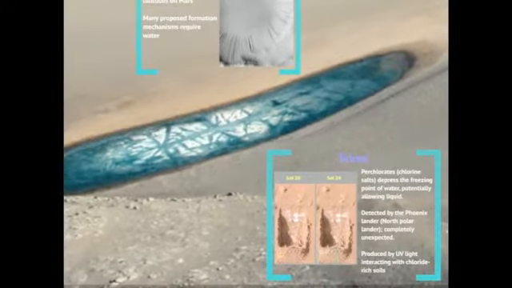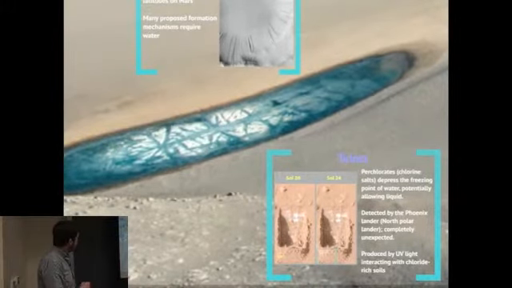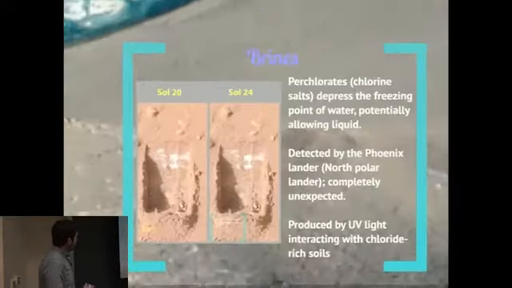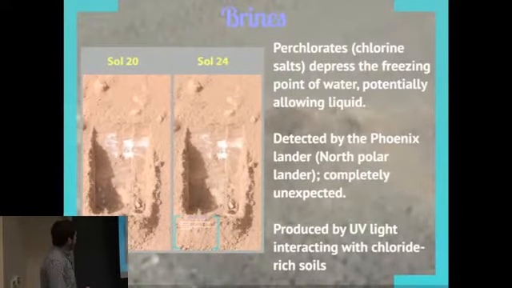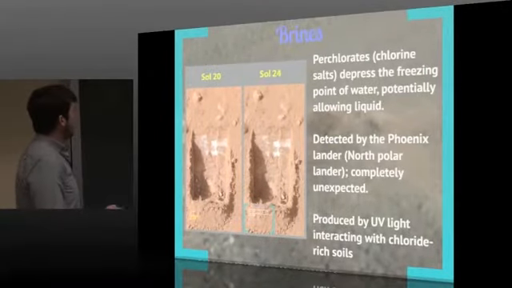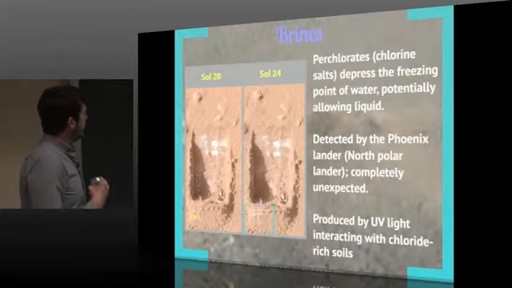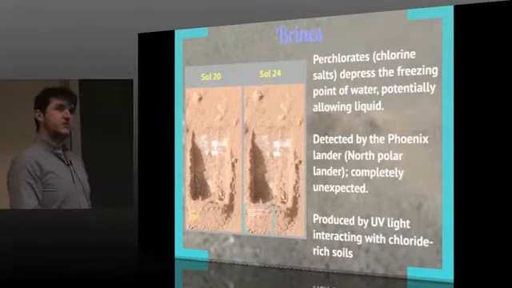Another thing that you see in these dry valleys are these really brine-rich ponds. And if water exists on Mars today, it is almost certainly in the form of brines. And one interesting thing that was recently discovered, in 2008 by the Phoenix lander, are perchlorates, or chlorine salts, that were found on the surface of Mars.